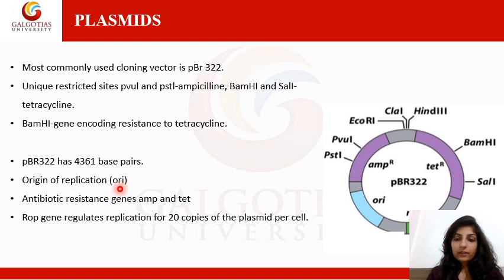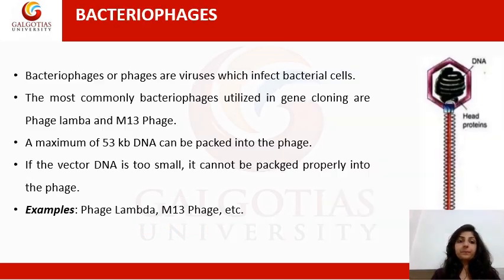It has an origin of replication, that is the ORI. The antibiotic resistance genes are AMP and TET. The ROP gene regulates replication to about 20 copies of the plasmid per cell.